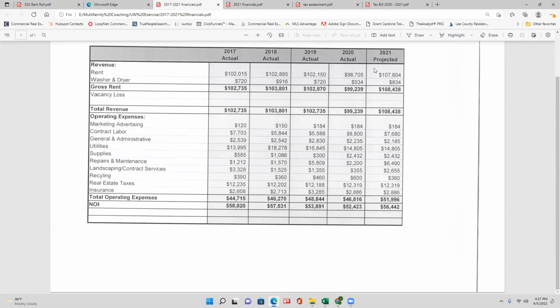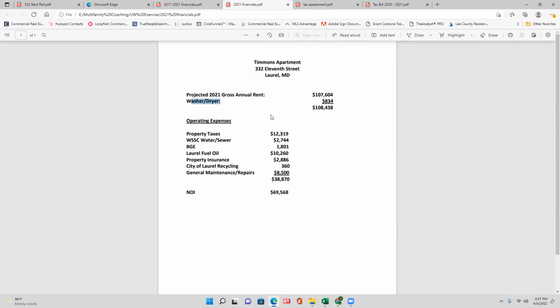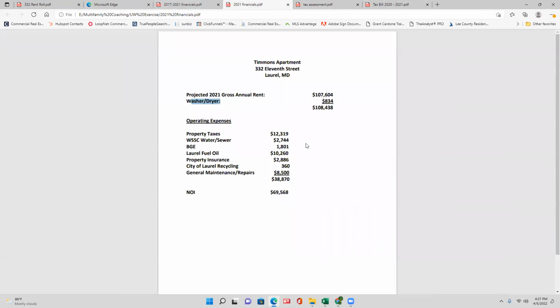So I'm going to do 2020, which is trailing. No, just this column right here. Yeah, this one. That's why it's kind of light. But if you look at the NOI, it says 69. And even though it's kind of light, it doesn't even match up.